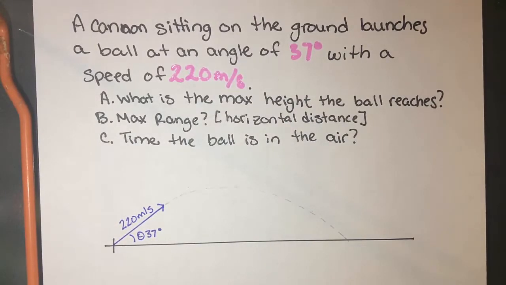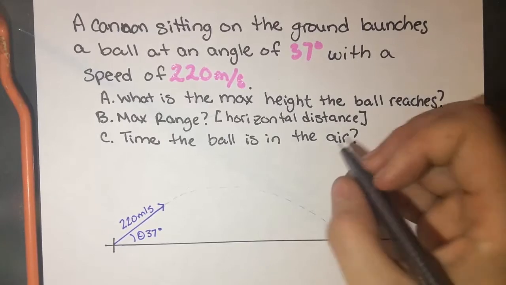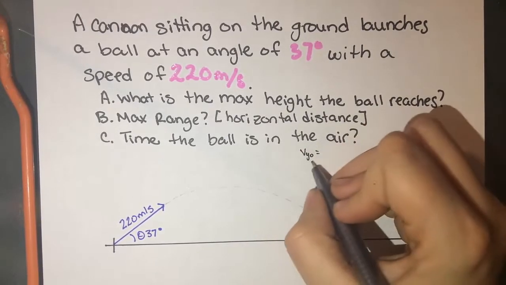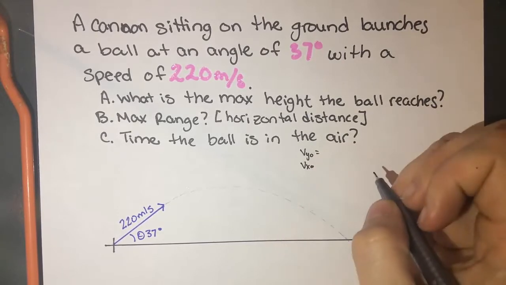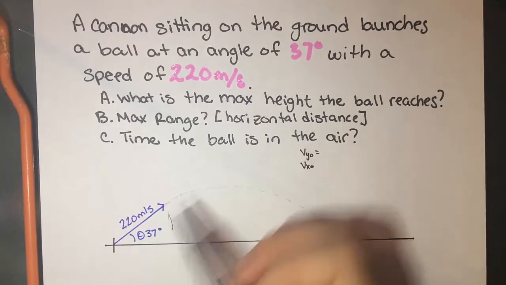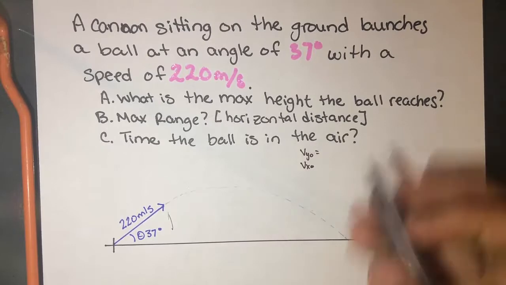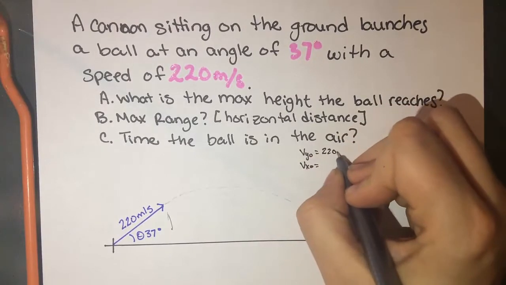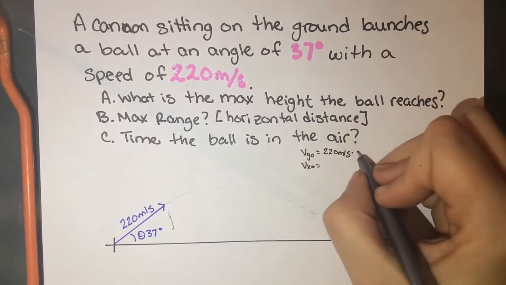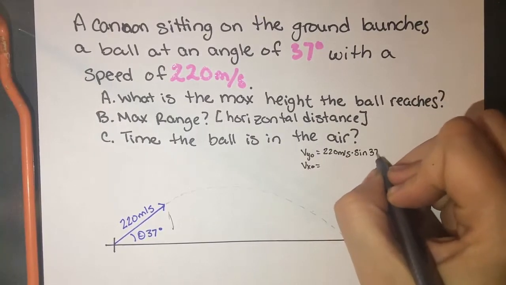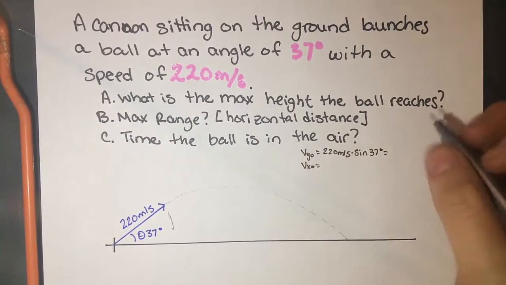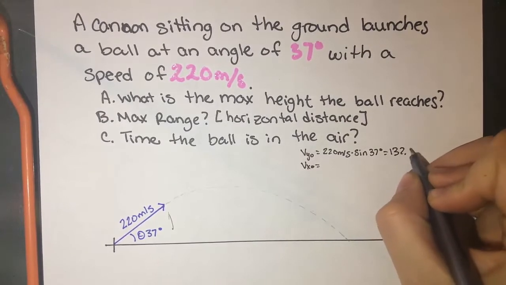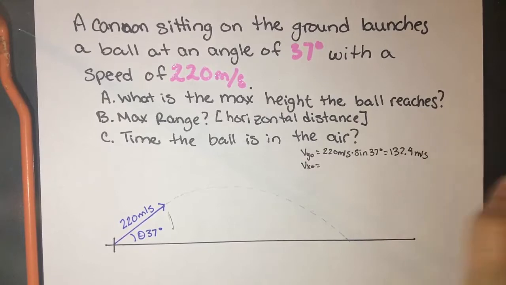Because this is initial speed, we are going to have vy naught and vx naught. Y is my up and down, x is my horizontal. So because y is up and down, it's going to be 220 meters per second times sine of 37 degrees. When I plug that into my calculator, I get 132.4 meters per second.